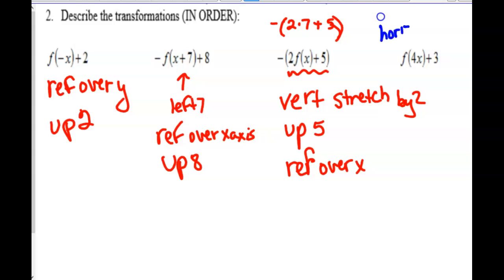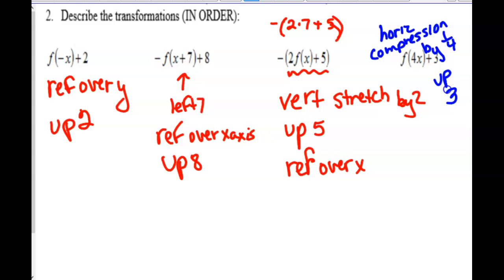So it's a horizontal compression or shrink. And I don't care if you say by 4 or by 1/4. It's either dividing by 4 or multiplying by 1/4. I would say 1/4, but as long as you use the word shrunk or compression, squish, and then the 3 on the back is up 3.